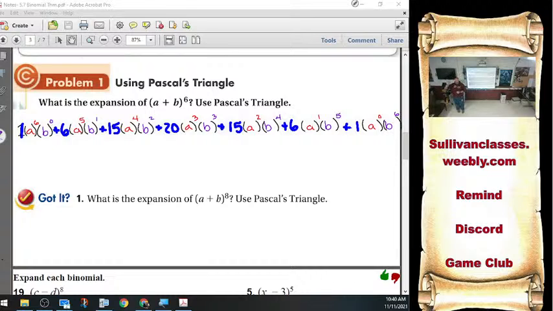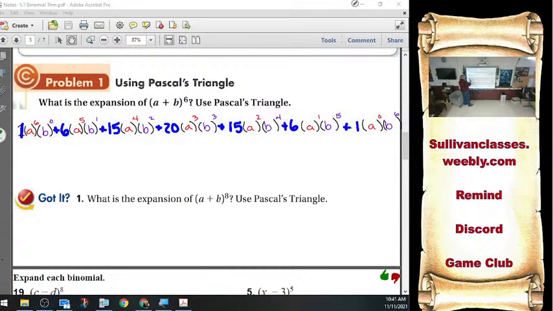You plug in the second term in ascending order. Take a look at what the sum of the exponents is on every term: 6, 6, 6, 6, 6. That's how I know that I did it right, because together there should be a grand total of 6 terms being multiplied together. Then simplify it.